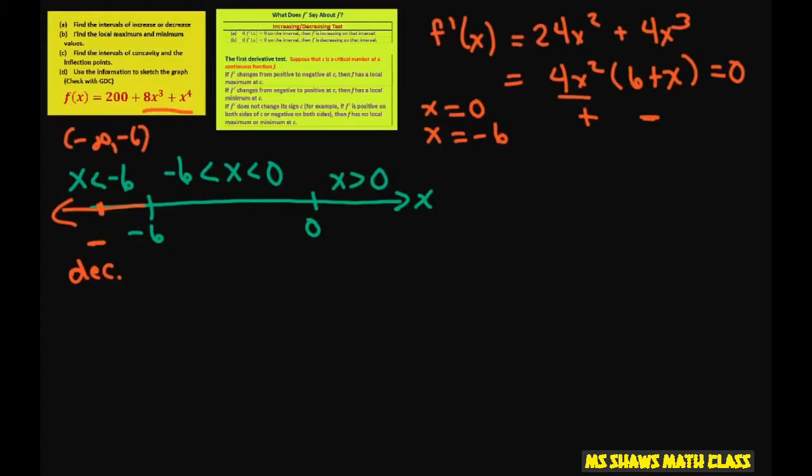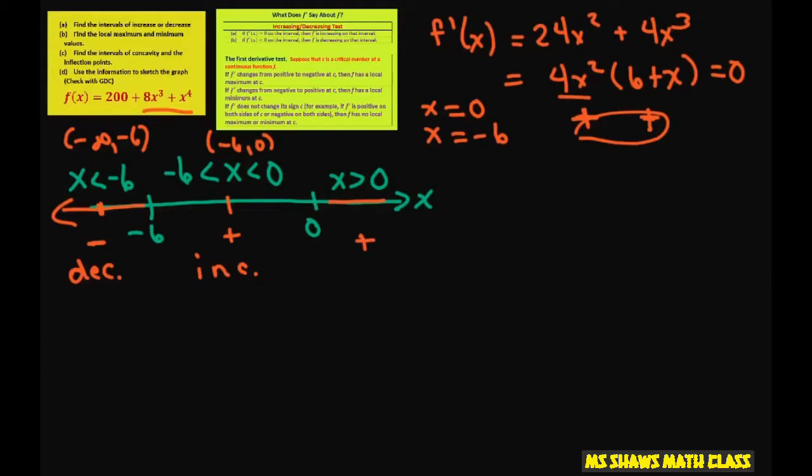All right, and now let's plug in, say, negative 1. If I plug in negative 1, I'm going to get a positive again. And then this is going to be a positive. So this is going to be positive. That means the interval is increasing from negative 6 to 0. Also, let's plug in 1, and it's also positive.